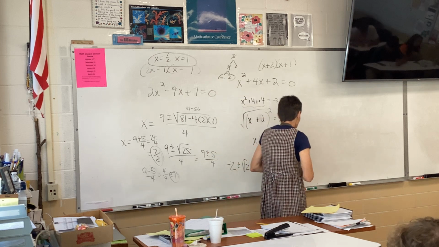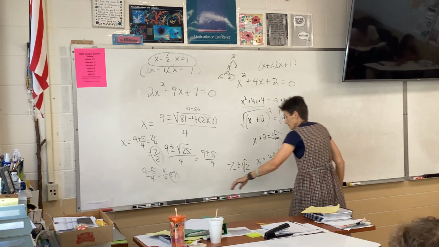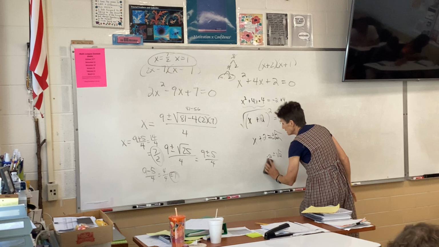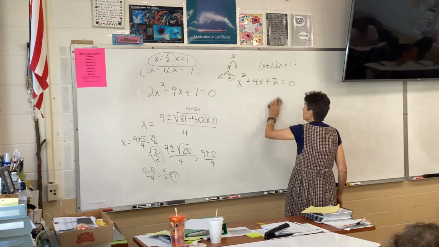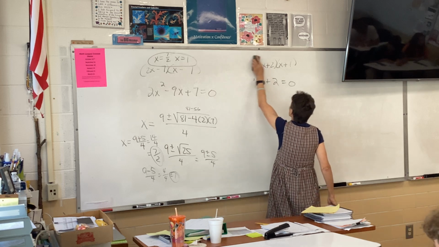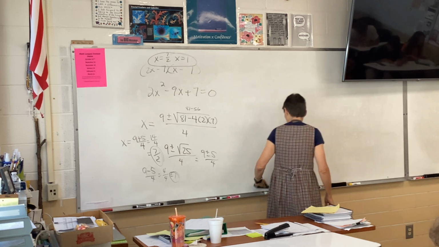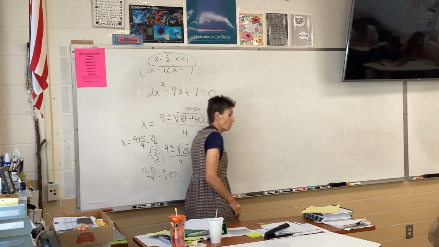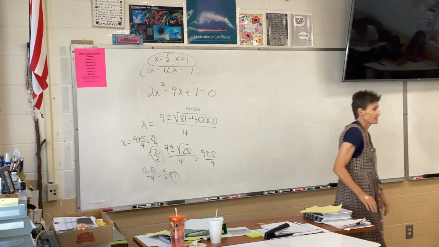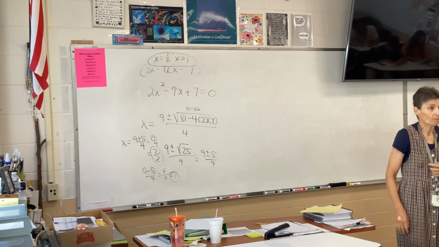I did both. I factored it and I used the quadratic formula, so you can check. The moral of the story is, guys, it doesn't matter how you do the problem.